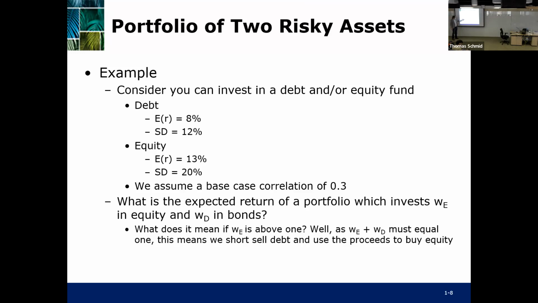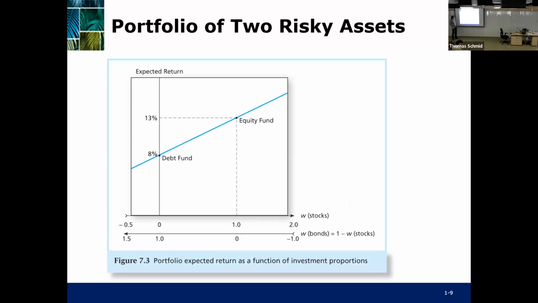So what is the expected return of a portfolio that invests WE in equity and WD in bonds? Well, it's pretty simple, so we don't spend too much time on that. We now know that returns are linear, and it's quite boring in a sense. So if we invest all in the debt fund, we get the debt fund.